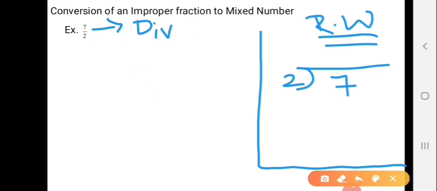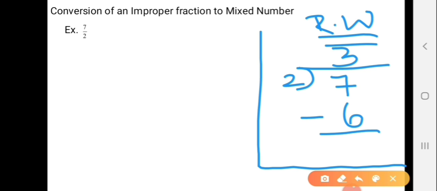So now we will do a simple division. 2 goes into 7 3 times. 2 threes are 6, and 7 minus 6 is equal to 1.